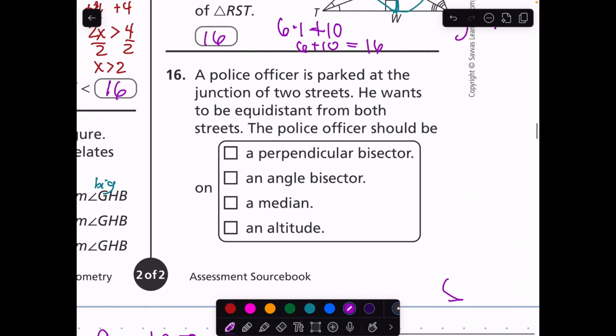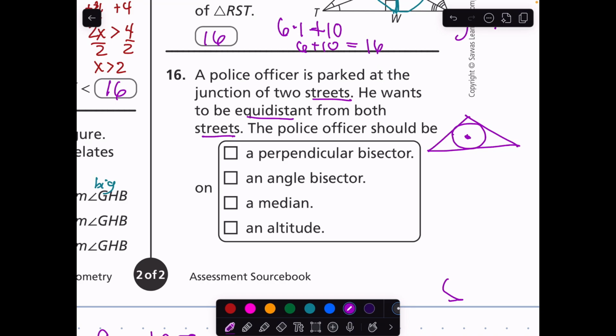Okay, a police officer is parked at the junction of two streets, and he wants to be equidistant from the streets, not from the points, but from the streets. So the streets would be like the equidistance, kind of like the one that we had above.